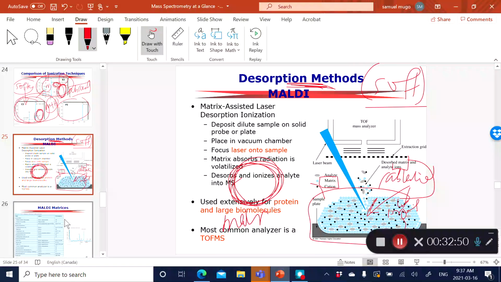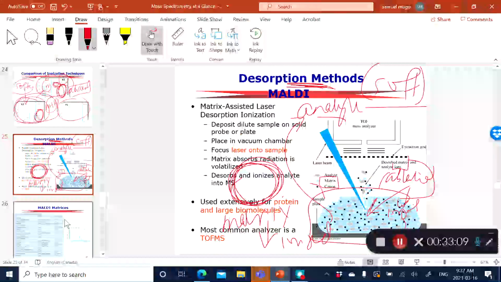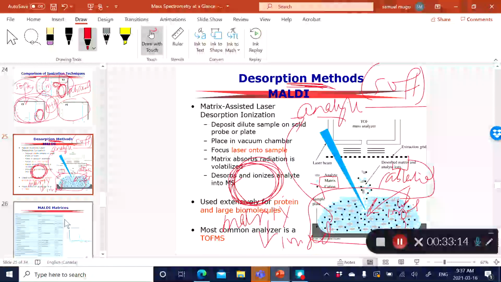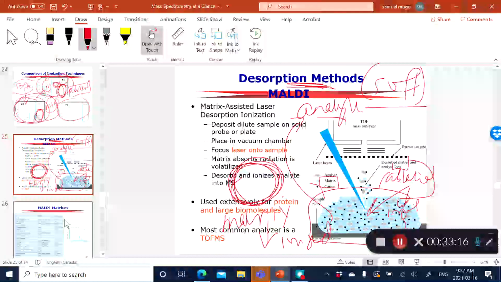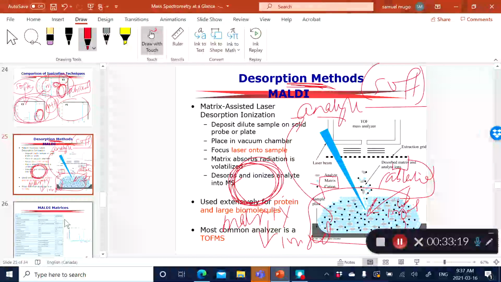So the matrix gets ionized, and then the matrix ion transfers the energy to the analyte, either through protonation or deprotonation, or sometimes cationization as well. I hope you can see how straightforward it is. The laser beam hits the crystal, which comprises the analyte mixed with the matrix.